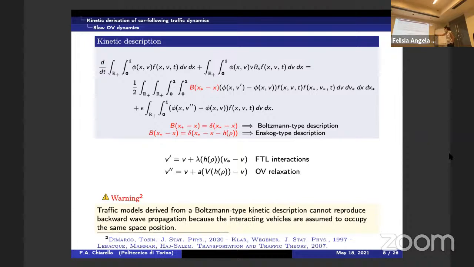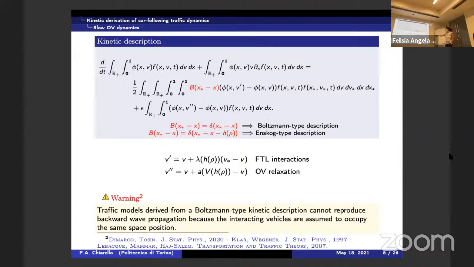We prefer the Enskog type kinetic description because traffic models derived from a Boltzmann type kinetic description cannot reproduce backward wave propagation, because the interacting vehicles in this case are assumed to occupy the same space. Here you have that the leading vehicle and the rear vehicle occupy different positions. And okay, here B prime and B second are defined like this.